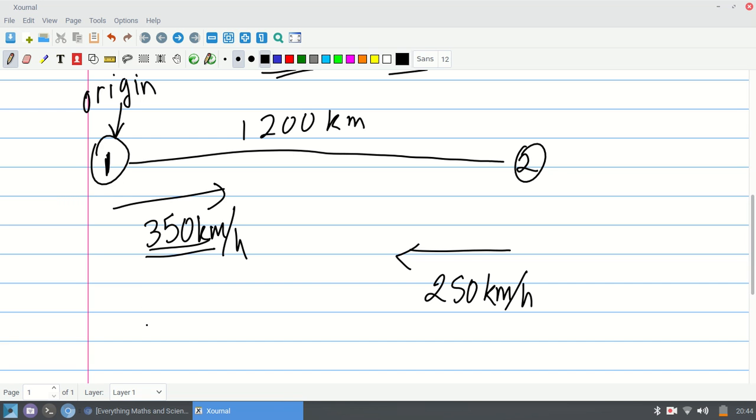If we let time be the number of hours, then the position for the airplane that's leaving from airport 1, we'll call it plane 1, the position of plane 1 is equal to 350t, right? So let's test that out. In 2 hours, the airplane will be 700 kilometers away from the origin, from airport 1.